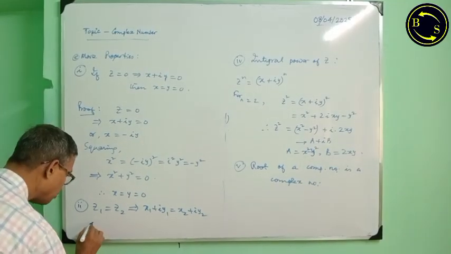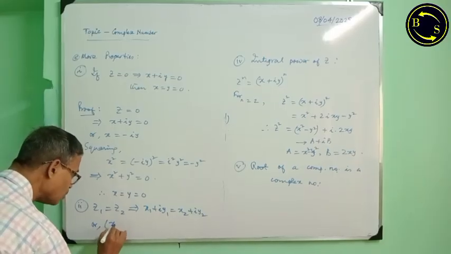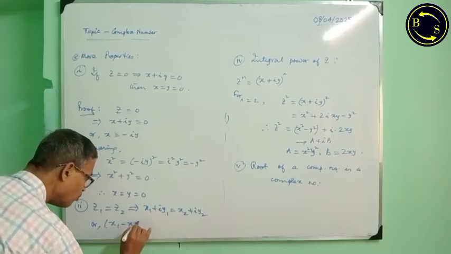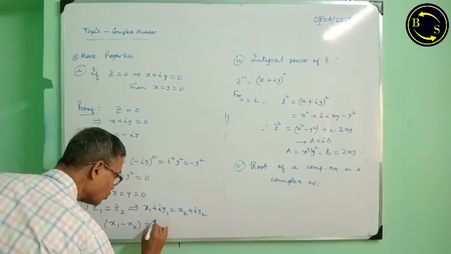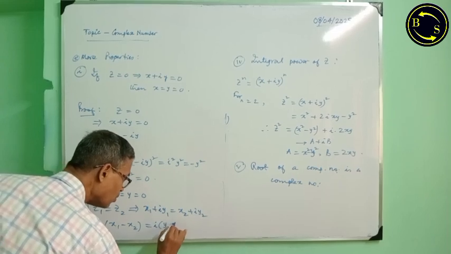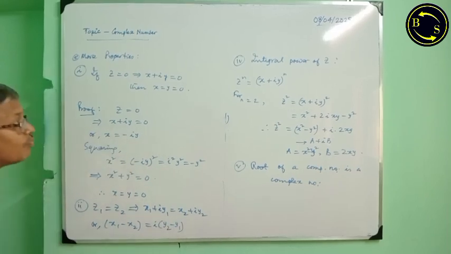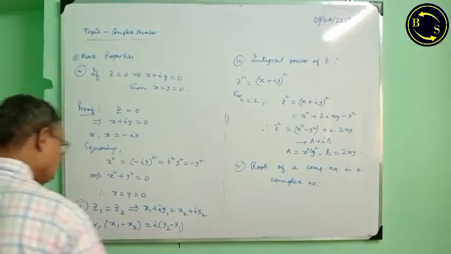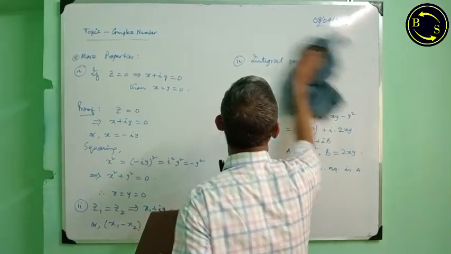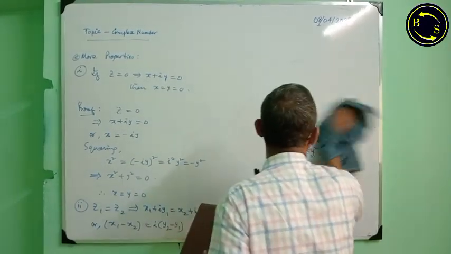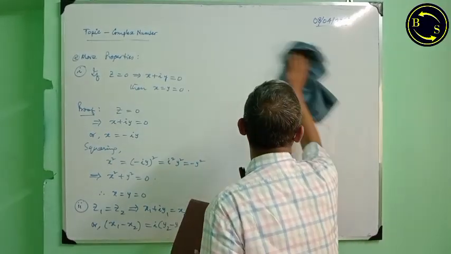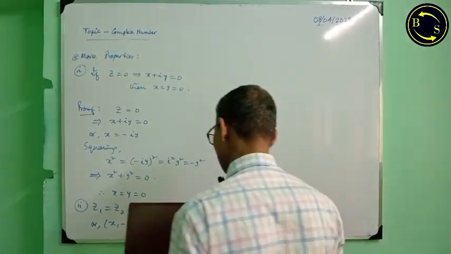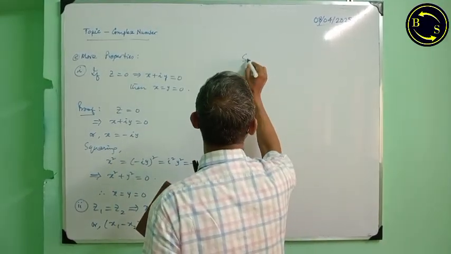I take real parts on the left side and on the right side, squaring.